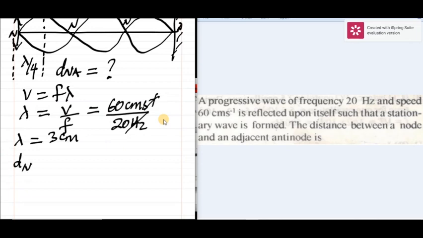And looking for the distance, which is a quarter of a wavelength, that is 3 divided by 4, will give us 0.75 cm. So that's the distance between the node and an adjacent antinode.